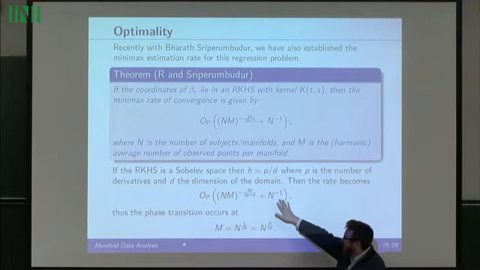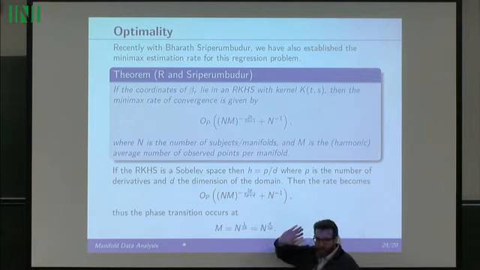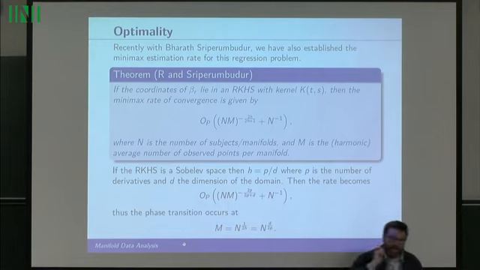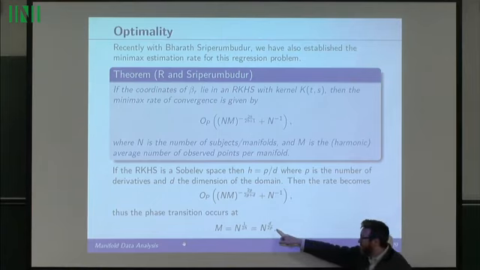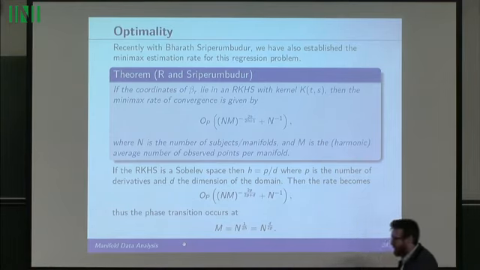Whereas if you're in this regime, you're in the sparse case. So the smoothness helps in hitting that parametric rate, but the dimension hurts you. In higher dimensions, you need more points before you hit that parametric rate, which probably makes sense.